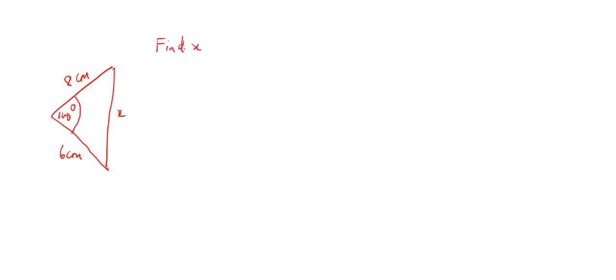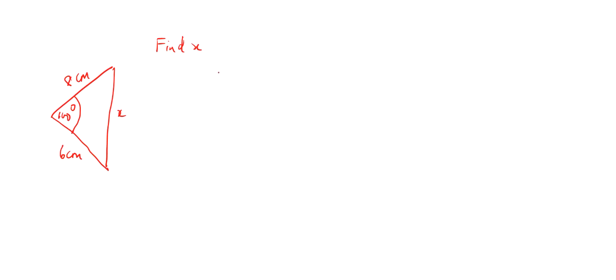So when do we use the cosine rule? Use the cosine rule when you have the three sides of a triangle and we are asked to find an angle, or if we have an angle and we have the two sides on either side of the angle. In this case here we have 100 degrees and we have 8 cm on one side and 6 cm on the other side. So we can use the cosine rule here.